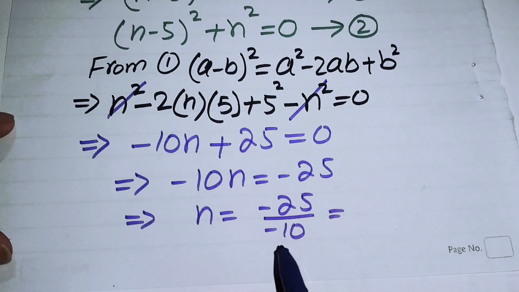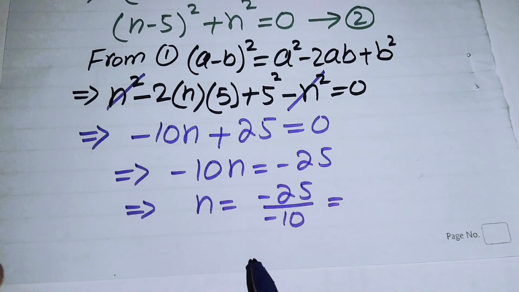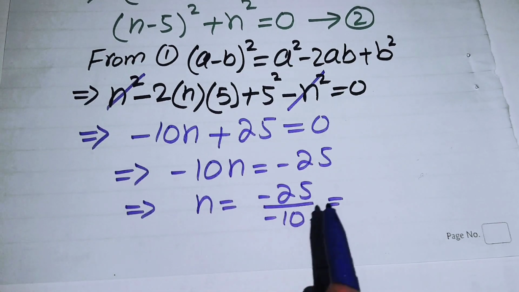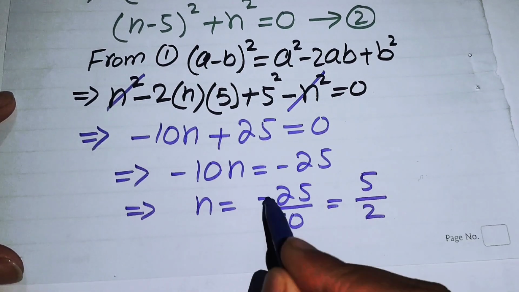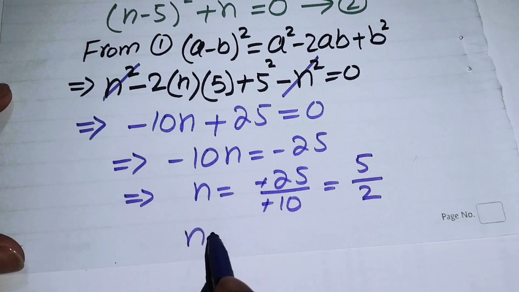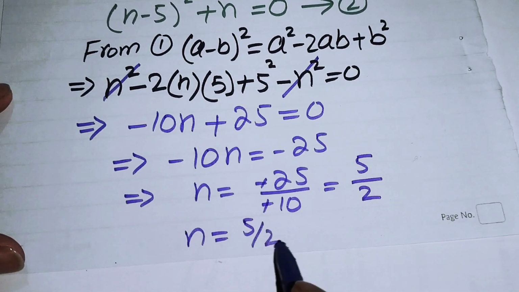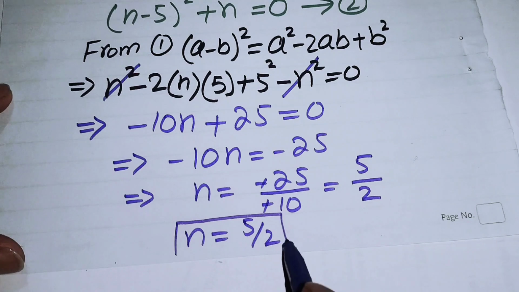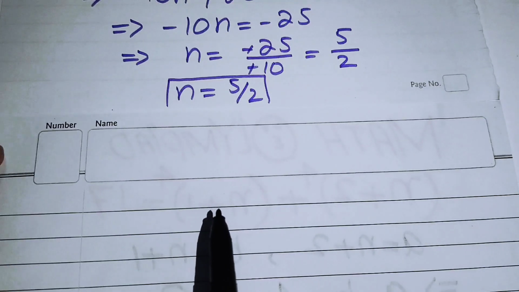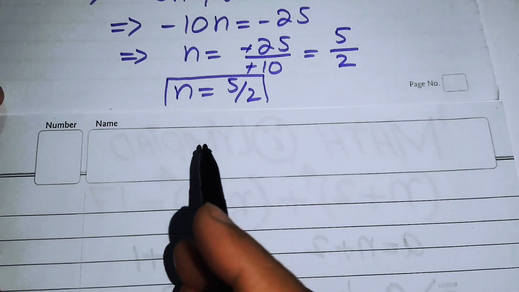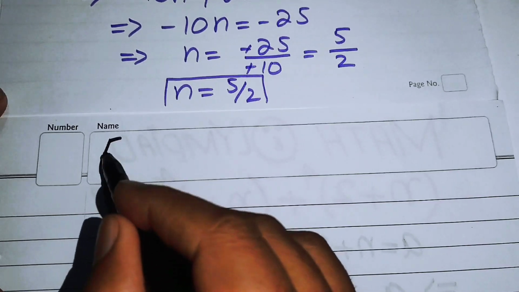And now we cancel these terms by the table of 5. So we have 5 5s are 25 and 5 2s are 10, and the minus and minus are gone. So here we get the first real root of the given equation, and this is n equals 5 over 2.